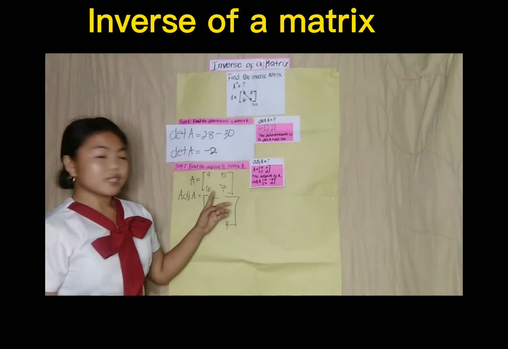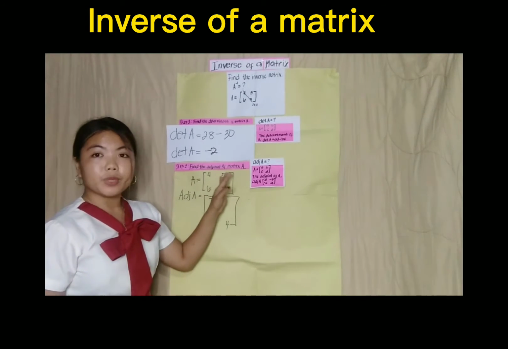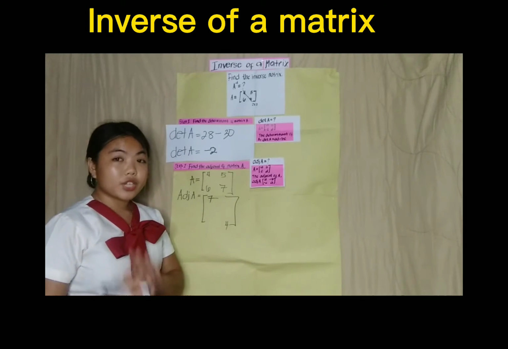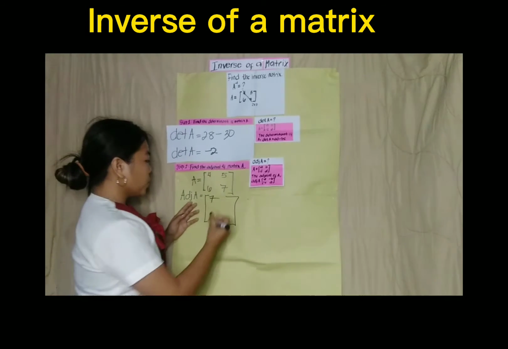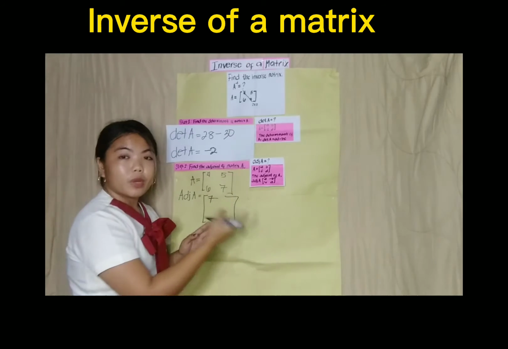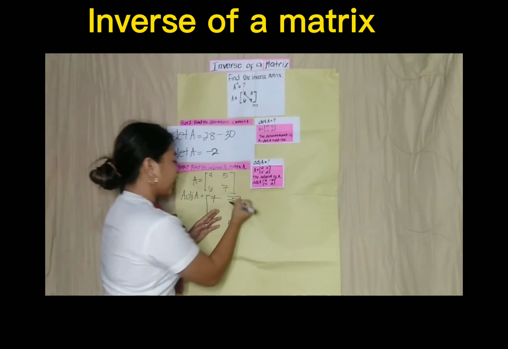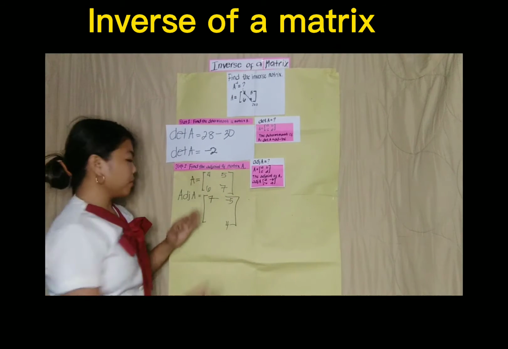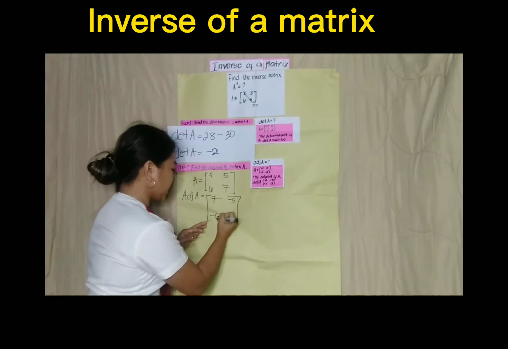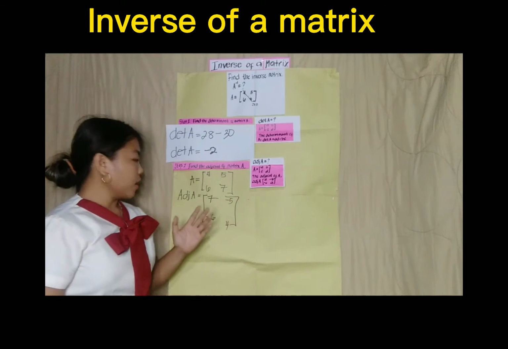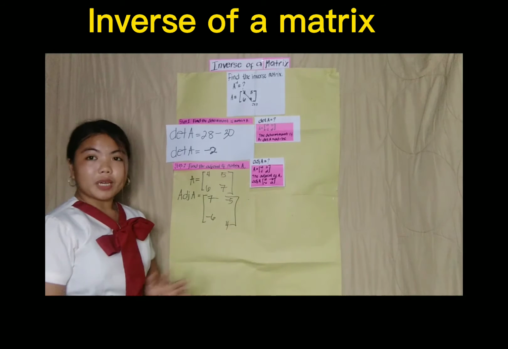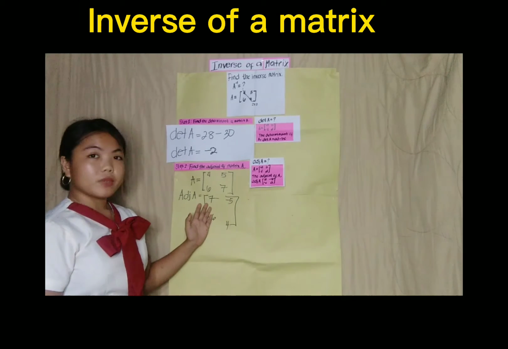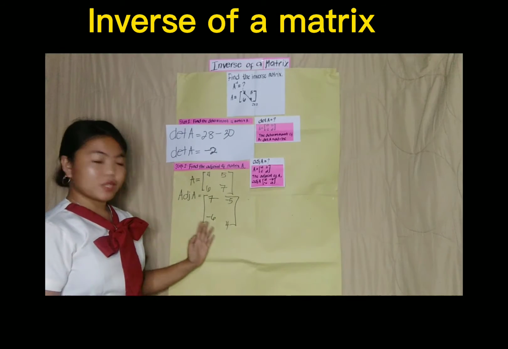Next, for the 6 and 5, we only change their signs. So positive 5 will become negative 5, and the positive 6 will become negative 6. So our adjoint of matrix A is positive 7, negative 5, negative 6, and 4.